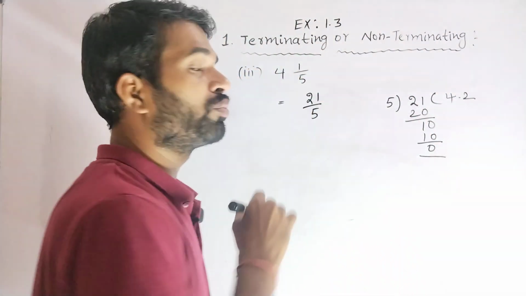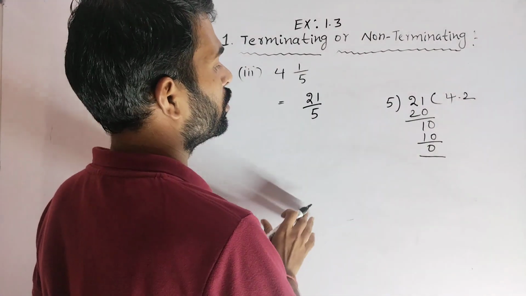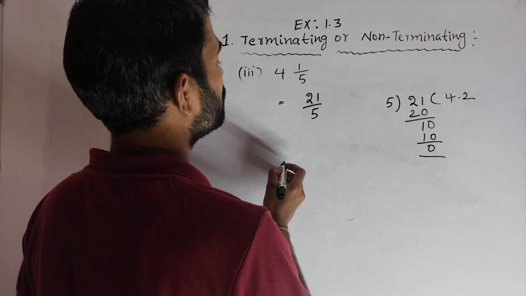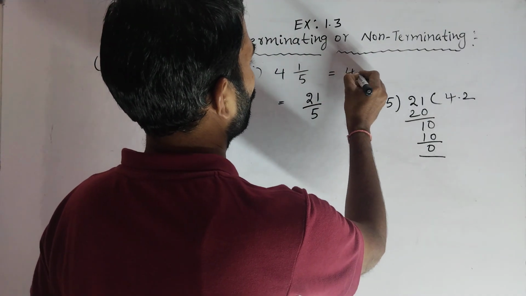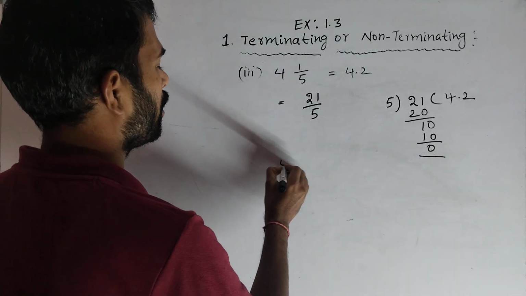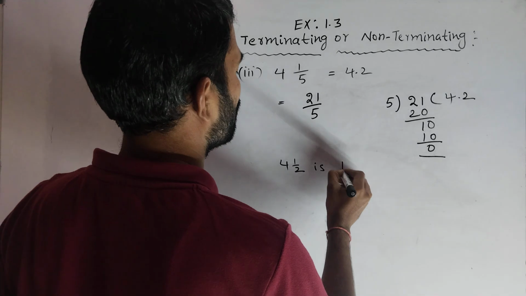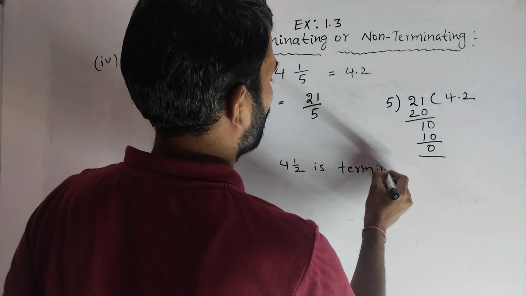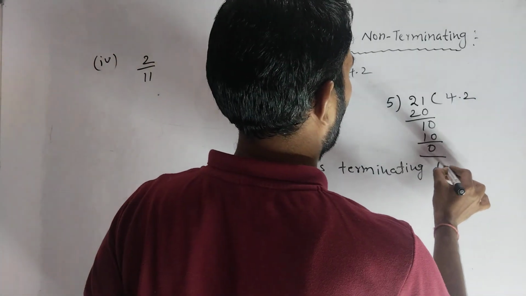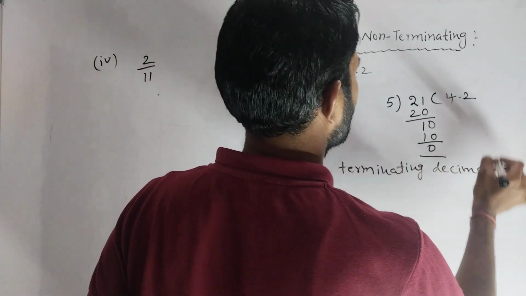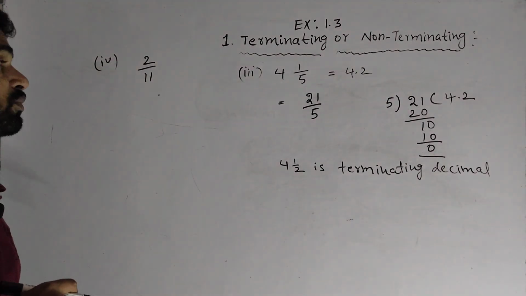Here 0. 4.2, up to 4.2 we got a 0 remainder. So the decimal form of 4 1 by 5 is 4.2. Here it is a terminating decimal.